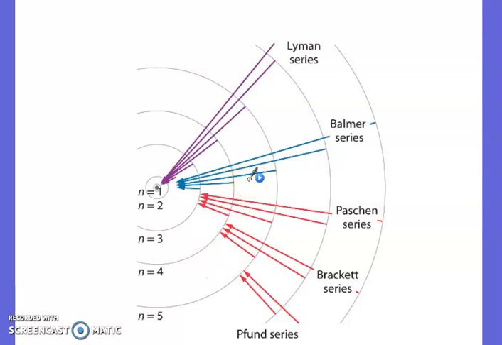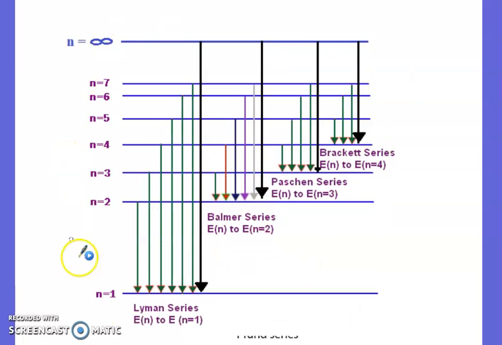Okay, or we may represent it in this way. Notice here in the energy level diagram, from 2 to 1, 3 to 1, 4 to 1. Don't forget, with each transition we have an emitted photon, right? So all the photons here are invisible. They are ultraviolet up to infinity.